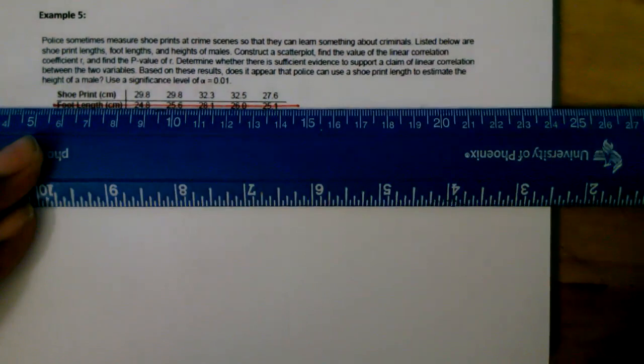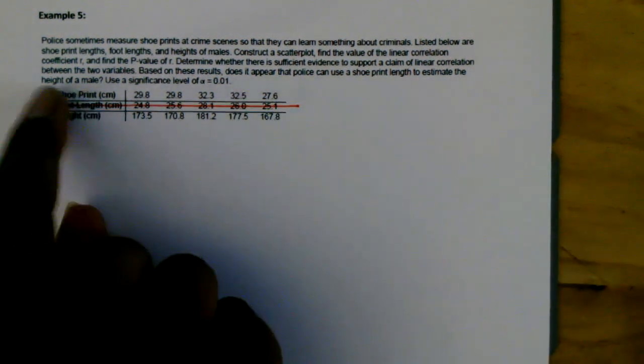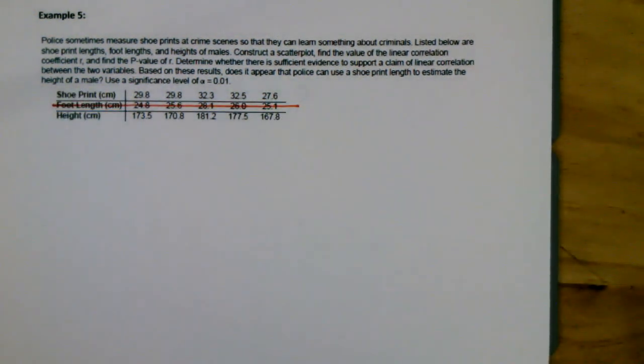Sometimes they give you additional information that you're not going to need in order to answer the question. And in this case, we're only going to be concerned with shoe print length and height of a male, just those two. And now let's do the scatter plot.